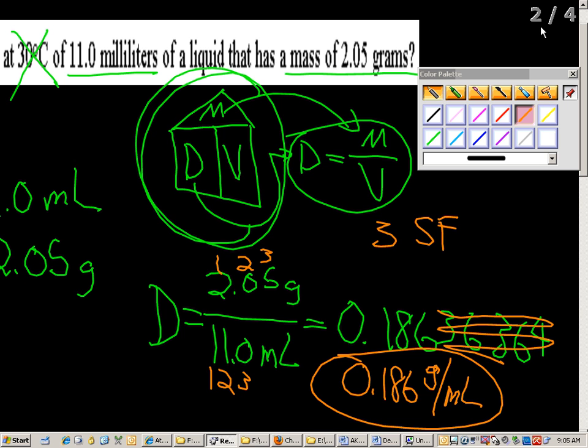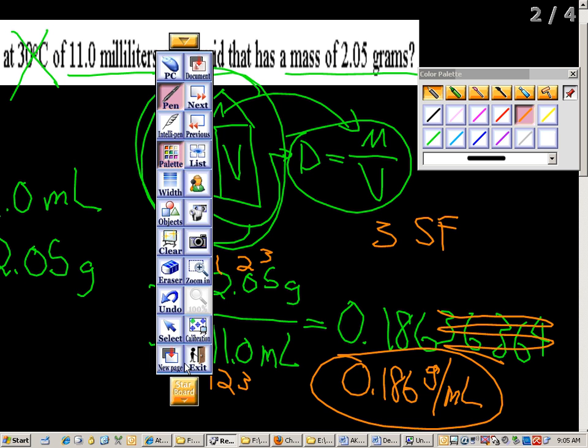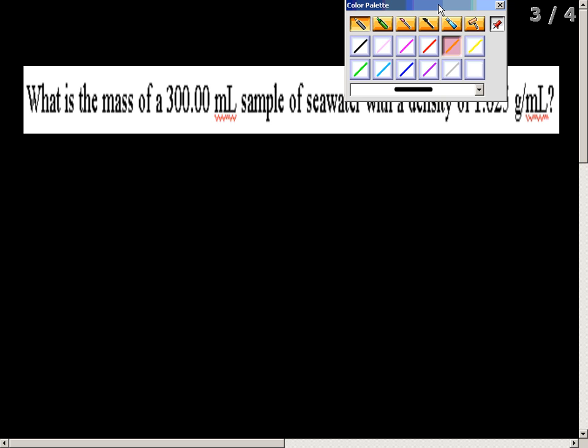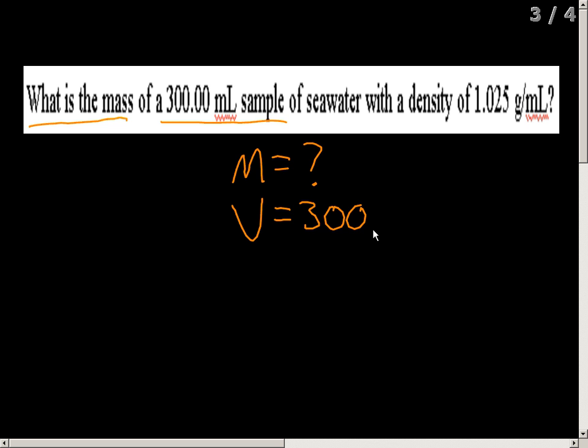Let's try another one, but it's not going to be as simple this time. So this one says I have a sample of seawater. What is the mass? So it already tells us we don't know the mass of a 300 milliliter sample. So we got a volume, 300.00 milliliters. Remember, I have to write it all the way out. All these numbers are significant figures.